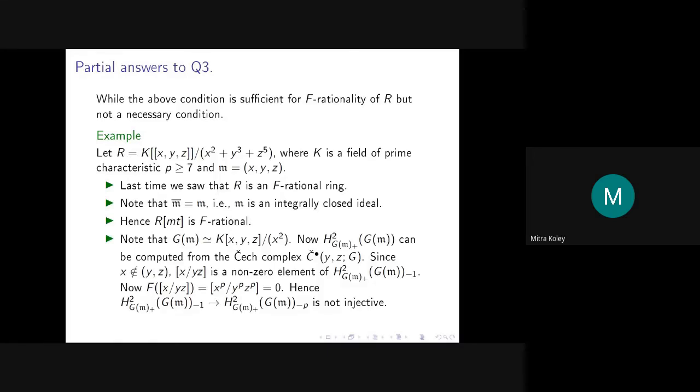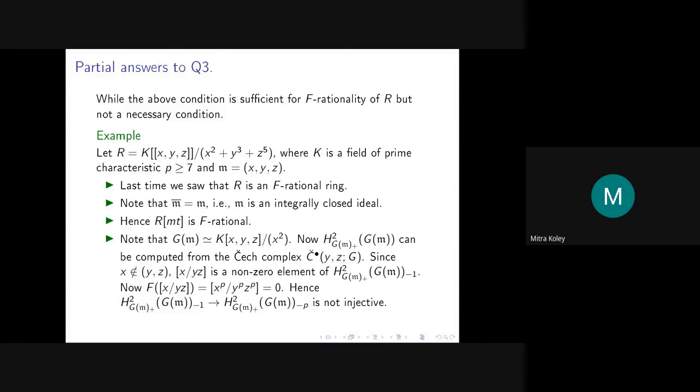Now note that the associated graded ring is isomorphic to k[x,y,z]/(x^2), and we'll see that the Frobenius action on the top local cohomology of G_m is not injective. So take y, z as a system of parameters for G_m, and this can be computed from the Čech complex on y, z.